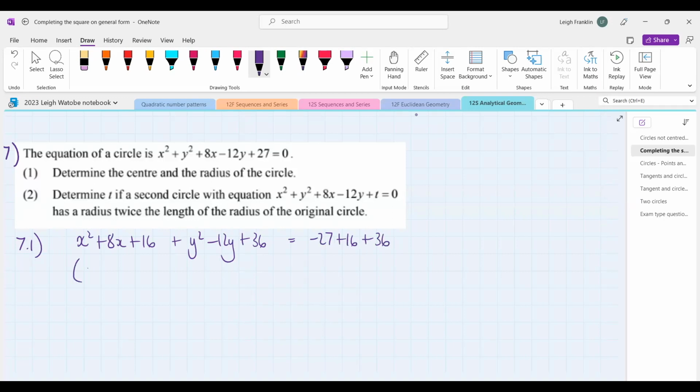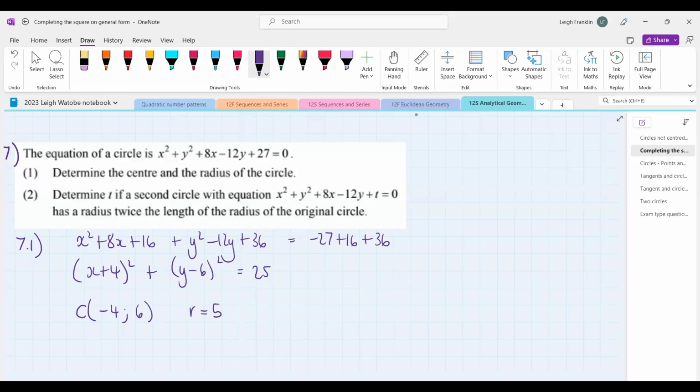This gives us x plus 4 squared plus y minus 6 squared, and on the right hand side we add 16 and 36 and take away 27, so we end up with 25. The coordinates of the center would be (-4, 6). The length of the radius is 5.